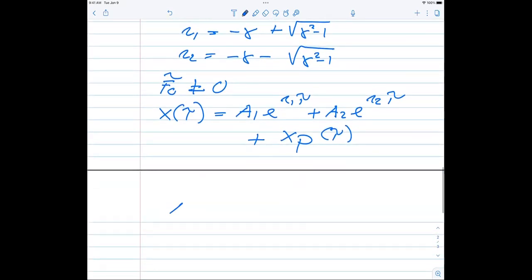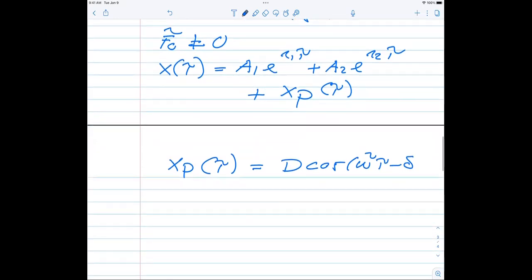And this xp of tau, due to the fact that we have a cosine force, is going to be given by a constant d multiplied with a cosine of this frequency omega of tau minus a constant delta. And this is what we are going to show after spring break. So this d gets a little bit more complicated expression.